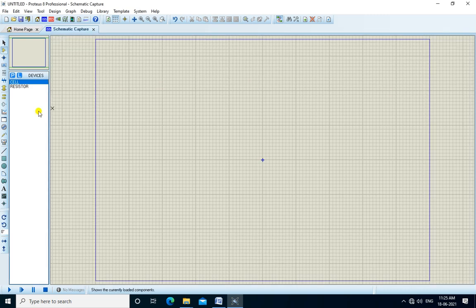Okay. Now we place the components. Resistance R1, R2, RL. Then we need a source, that is cell or battery of 1.5 volt.